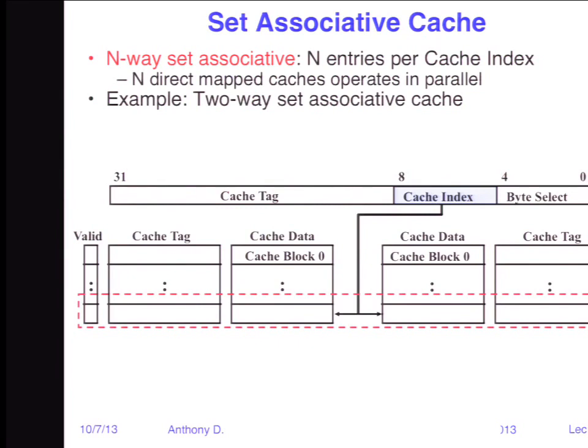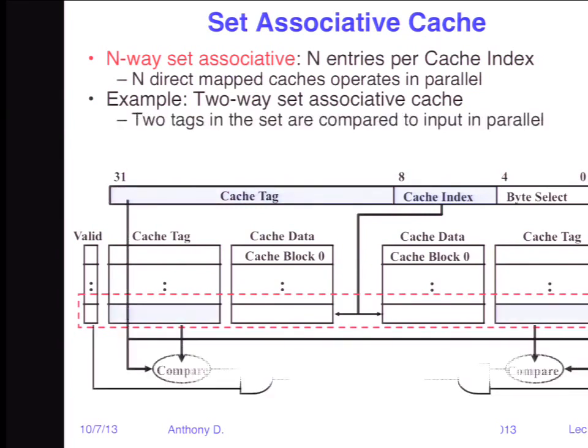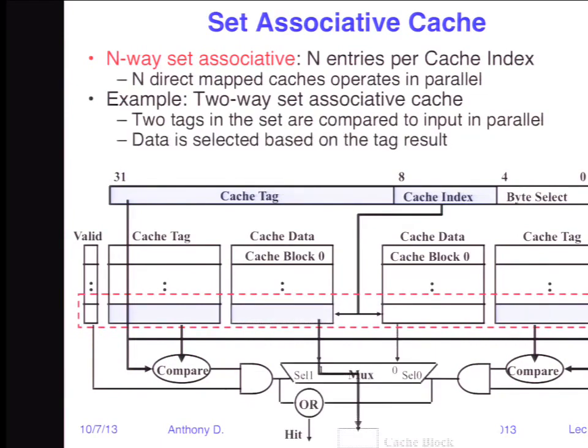So now we're going to compare the tags in parallel. We've now got two comparators for our two-way set associative cache. We're going to take our cache tag and send it over here to that comparator. And we have to check the valid bits, so that goes into our little AND gate. Then if it matches, we're going to use the byte select to select the appropriate byte.